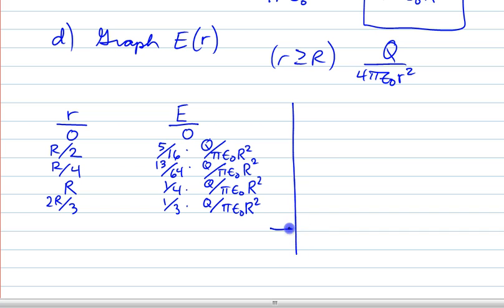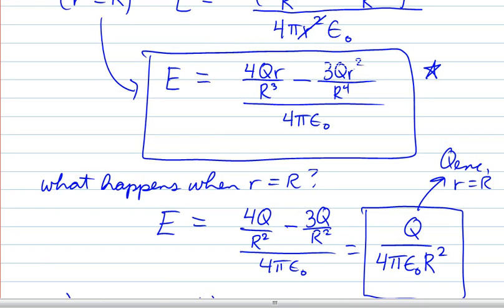This allows us to make a graph, and the first part of the graph, up to little r equal to big R, is dominated by the negative 3q r squared term.